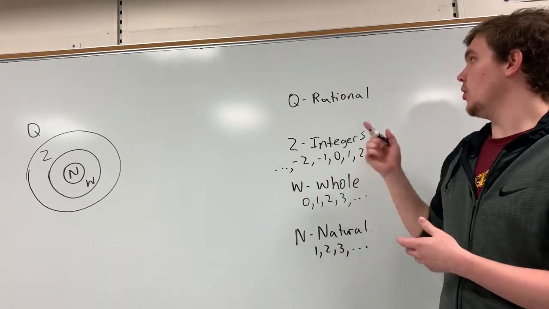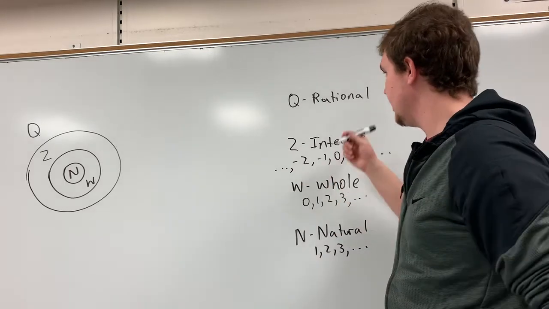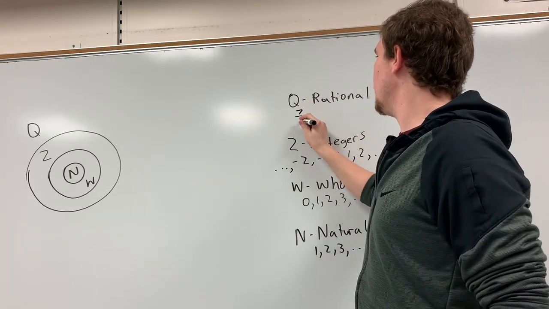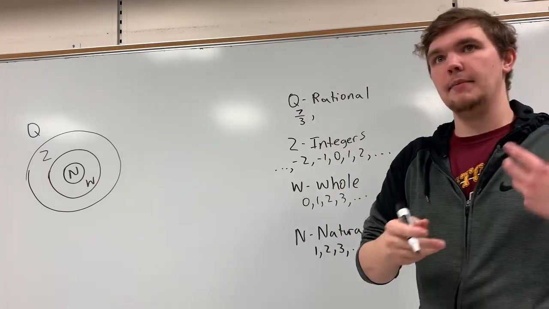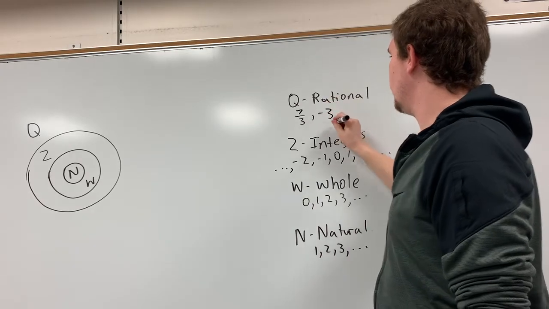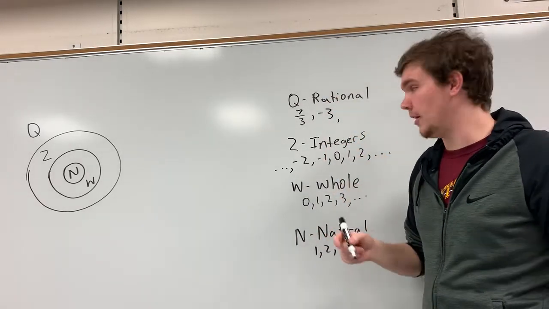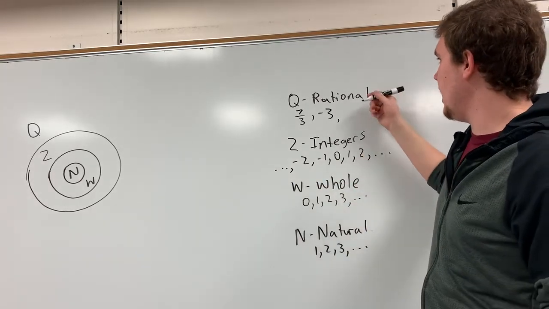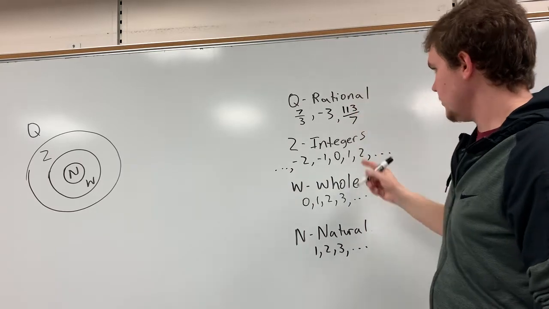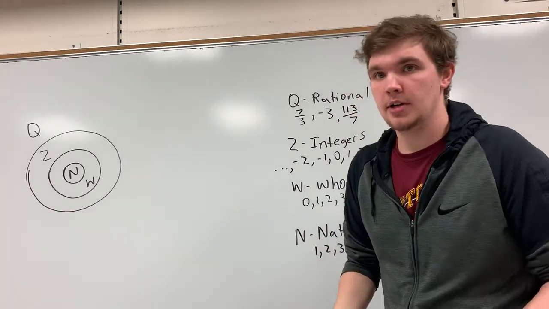So an example of a rational number: 7 over 3 would be a rational number. Maybe another type of rational number would be negative 3, right? That is also a fraction technically, just being divided by 1. And then maybe we have 113 divided by 7. That's a weird rational number, but it's still a rational number in general, right?